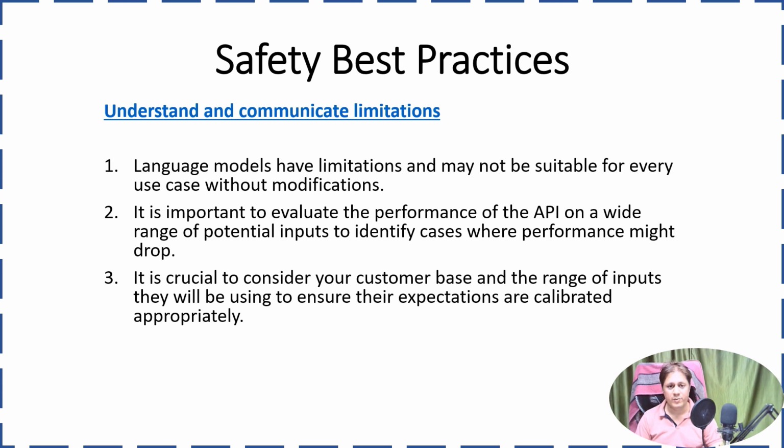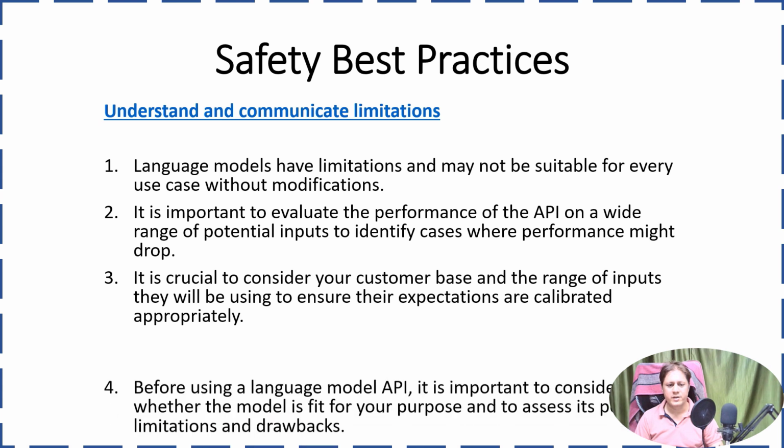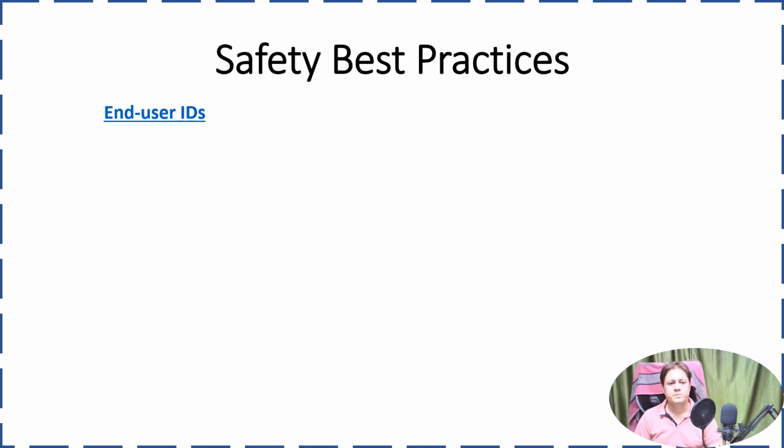That's why you need to inform them. Whenever you are creating a chatbot, never say that it is a human, because it's not correct to fool your customers. Always inform them this is a chatbot, and be honest with your customers.